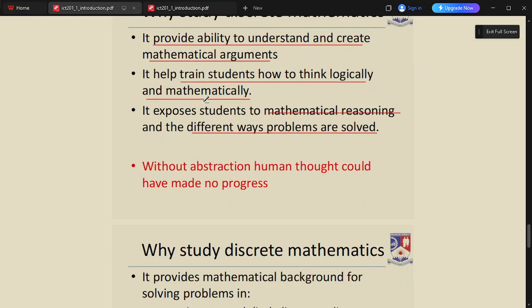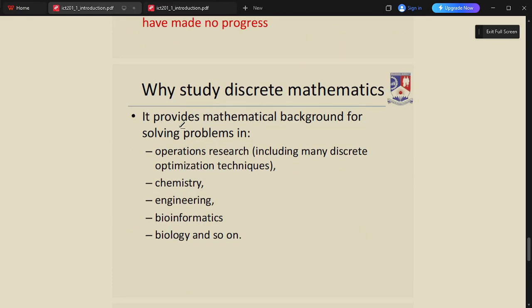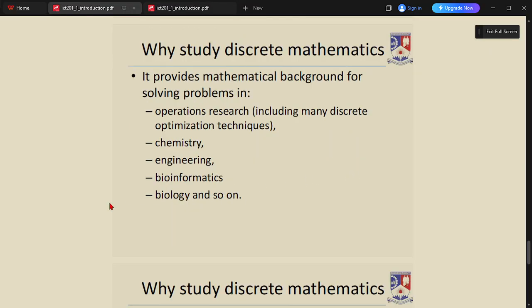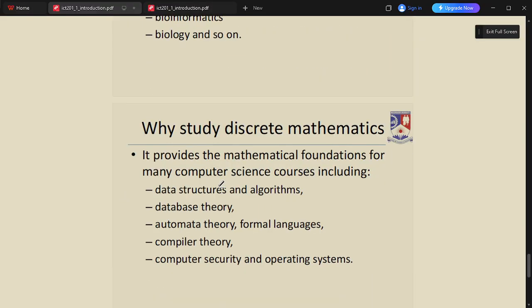Here are more reasons why discrete mathematics should be studied. It provides a background for solving problems in operations research, in chemistry, in engineering, in bioinformatics, biology, and so forth.